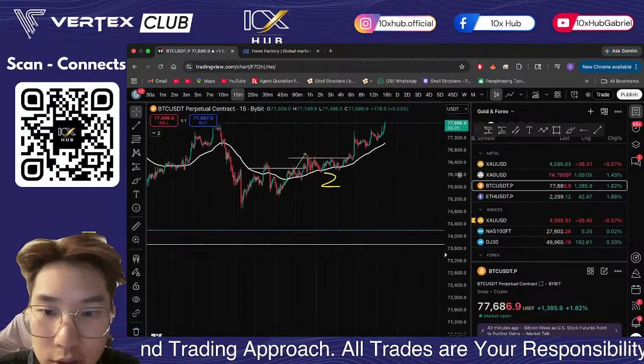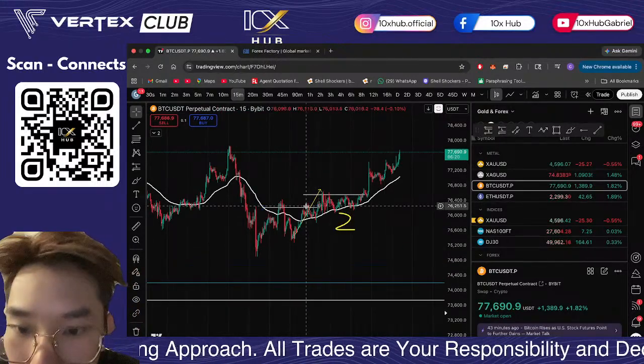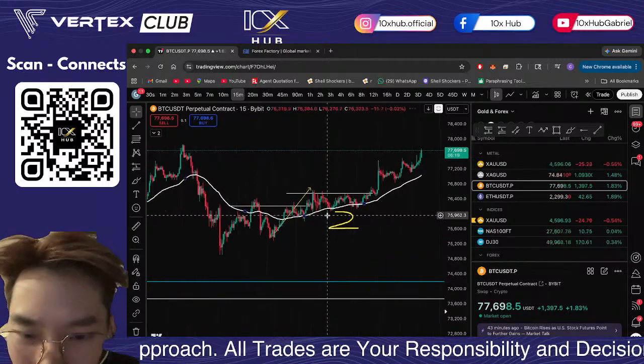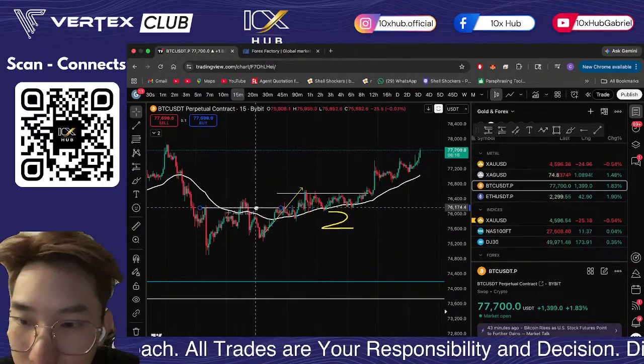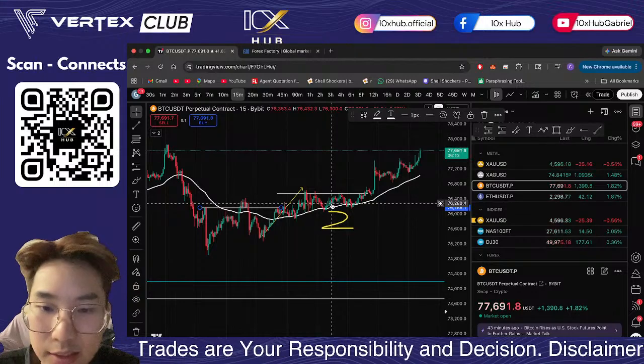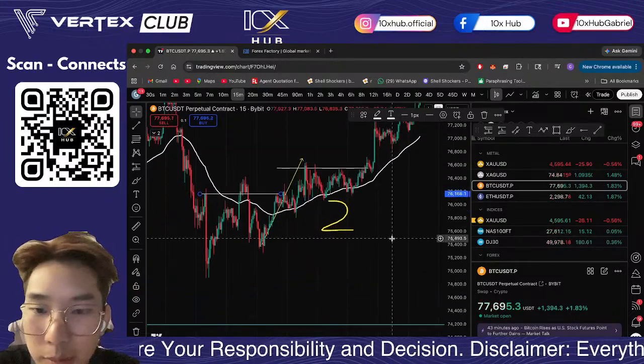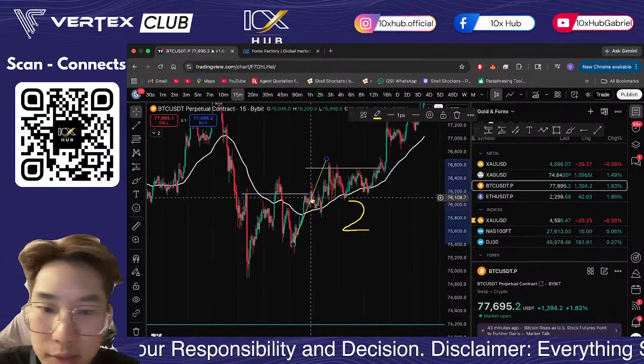Unless we are doing short-term trading, which is using the 15 minutes to enter a trade. Let me see. But I don't think there is any trade right now because we already flew up. Unless we entered this morning. This morning perhaps we had an entry, but not right now in the 15-minute chart.